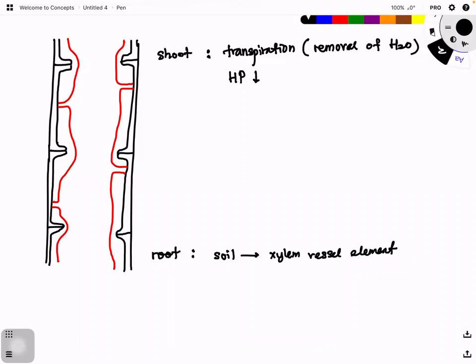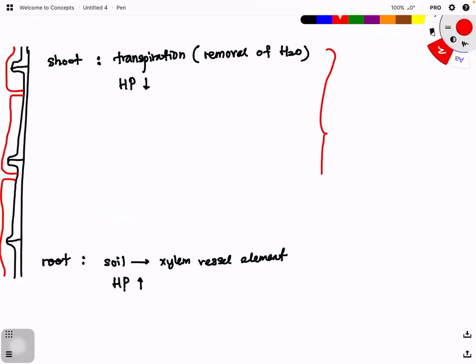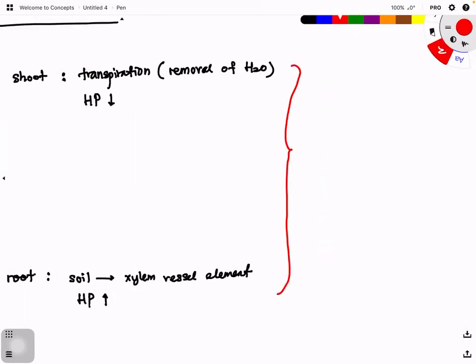Therefore, you can see there is a pressure gradient, termed the hydrostatic pressure gradient.